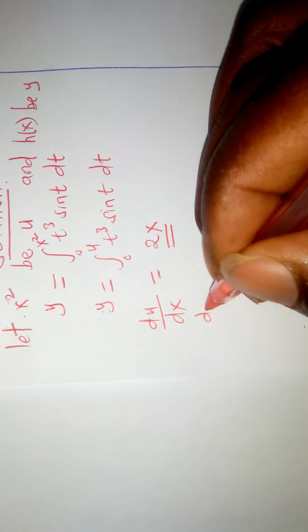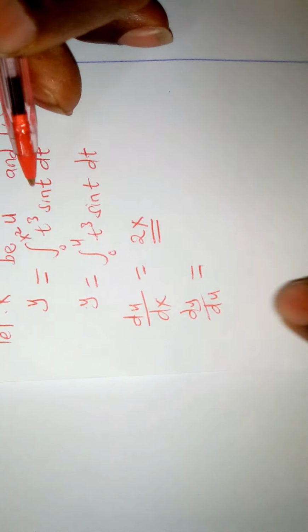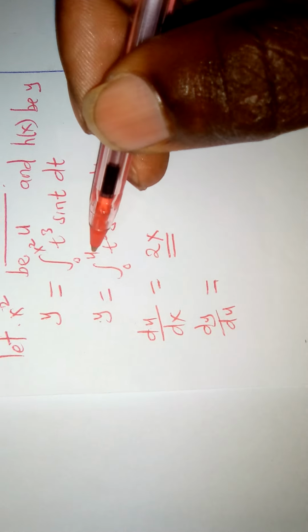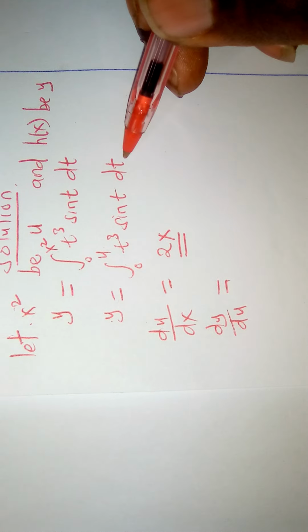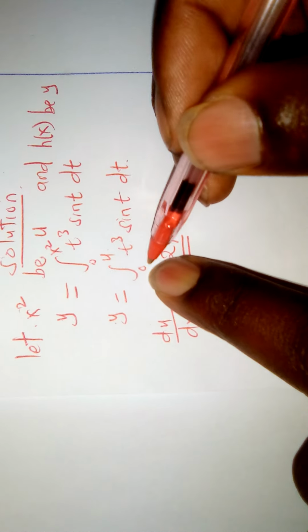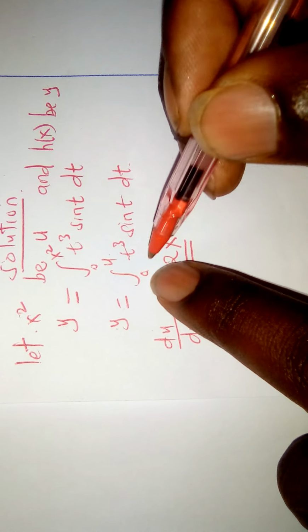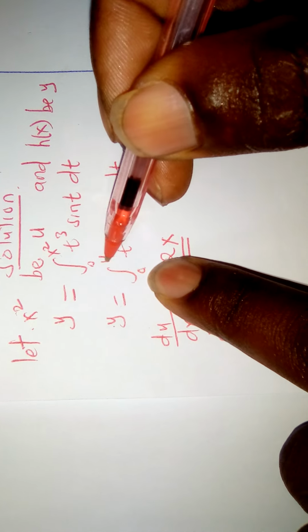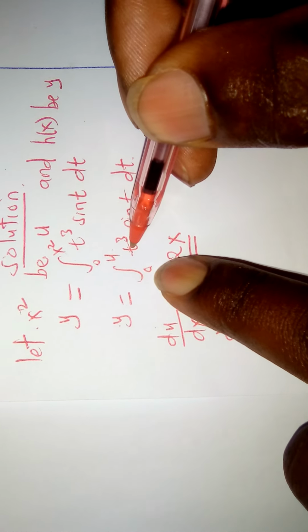Then my dy/du should be, now when you look at this one here, y is equal to the integral from 0 to u of t cubed sine t dt. So long as the lower limit is 0, what you are supposed to do is just take this u to replace t, and you shall have just done.